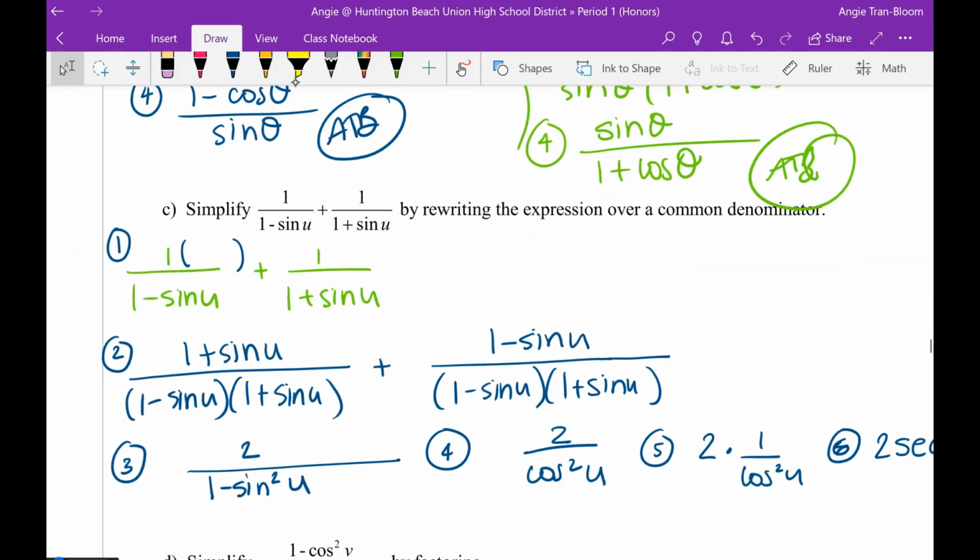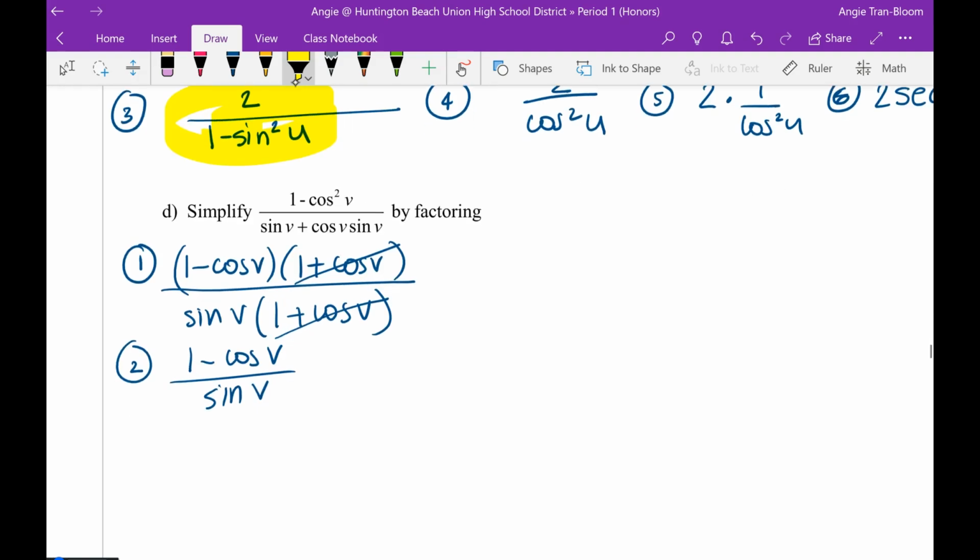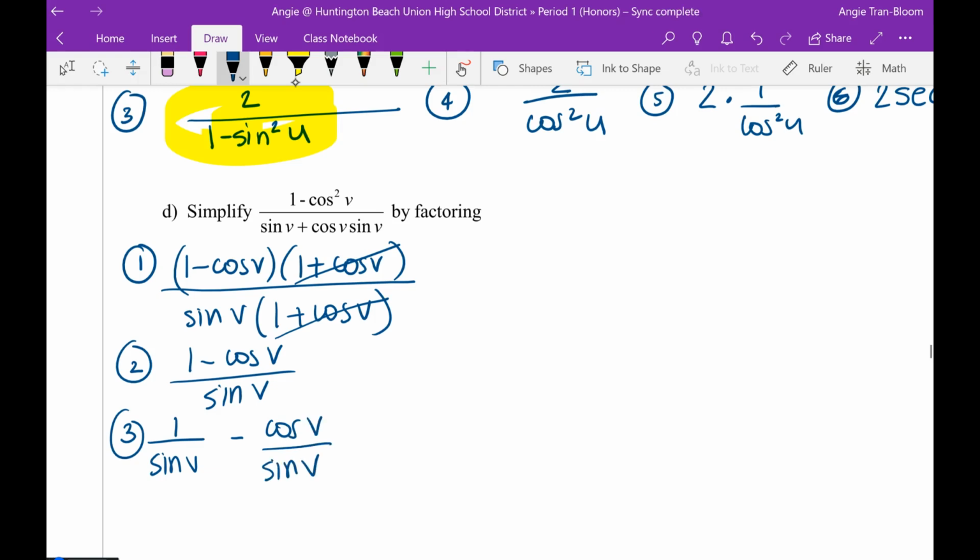Earlier we took this and put it together as one fraction. If you have one fraction, can you break it apart to make two fractions? Yes, you got to go back and forth. And yes, you are required to write this step in your proof, because I won't know where you went.